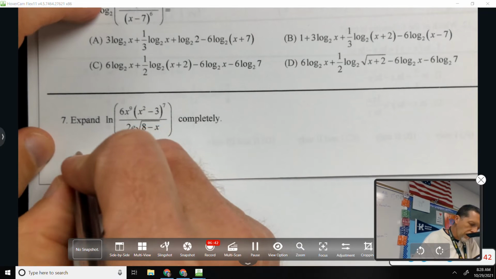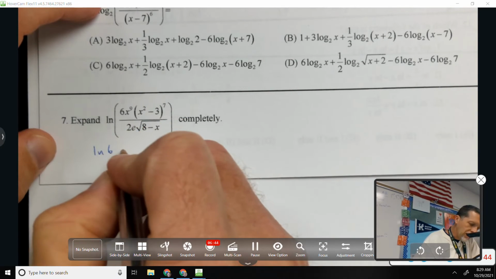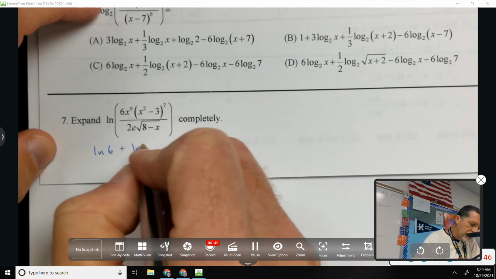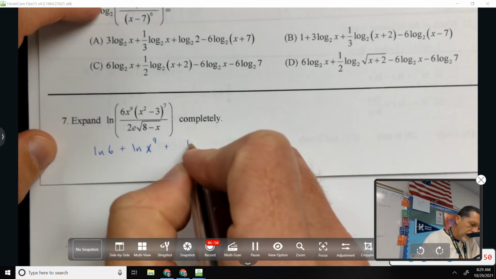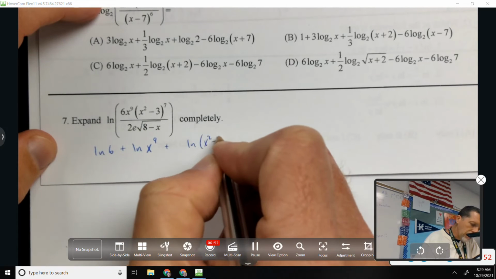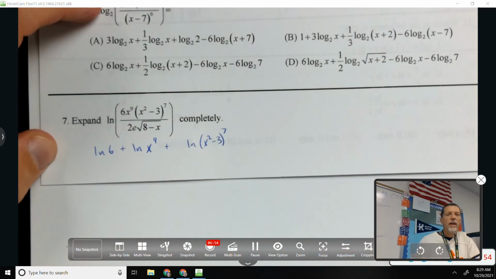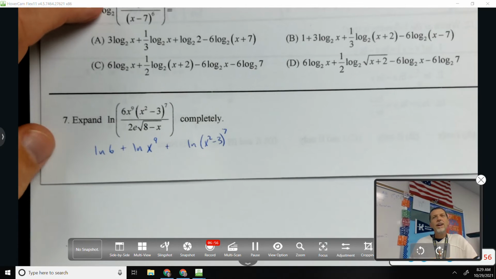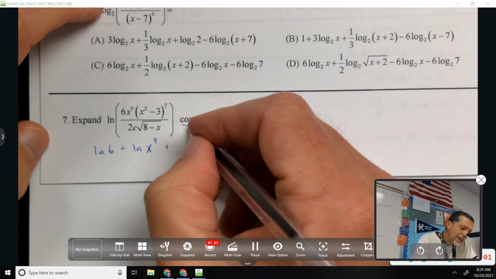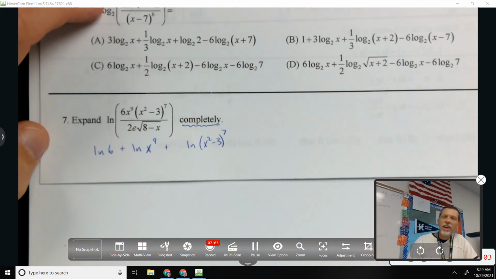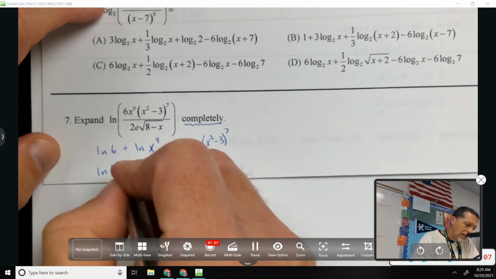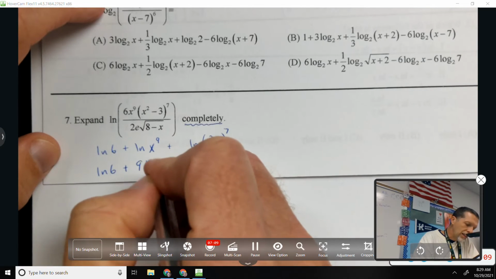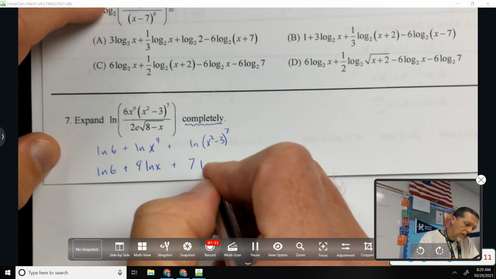So, natural log of 6 plus natural log of x to the 9th plus natural log of x squared minus 3 to the 7th. That's not expanded completely. I need to move the exponents down front. If I was really paying attention, I could have done that on the fly, but that's a lot to keep up with.